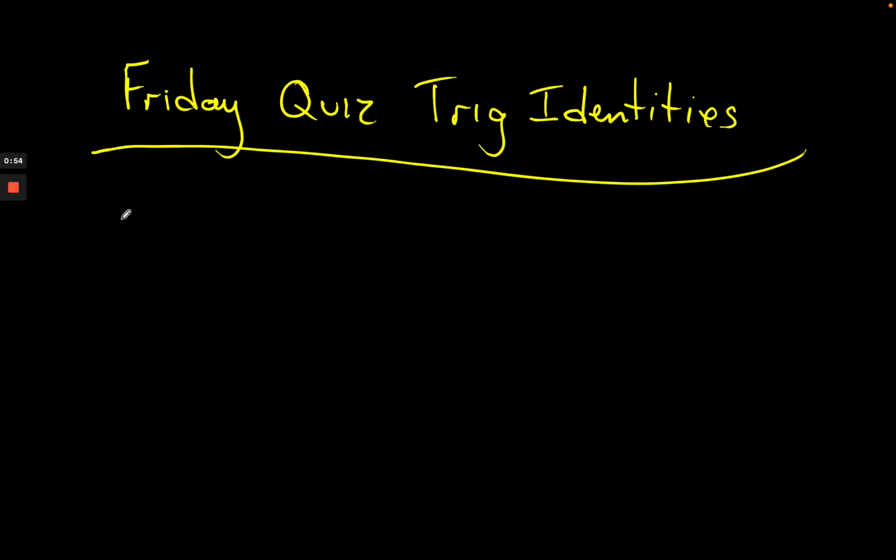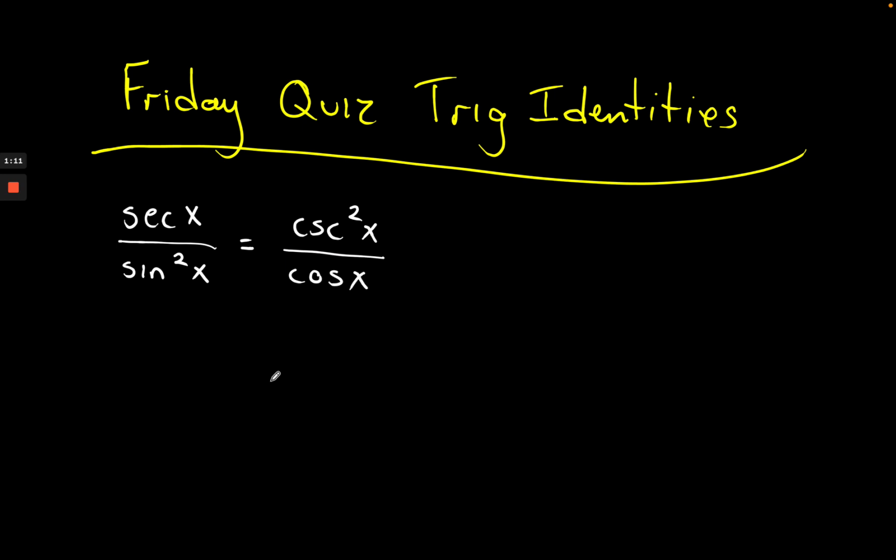Okay, so number 1 on your worksheet, we had secant x over sine squared x equals cosecant squared x over cosine x. There's a couple things I want to point out here. We're trying to verify the identities, which means we're trying to show that the left side of the equation is equivalent to the right side of the equation.